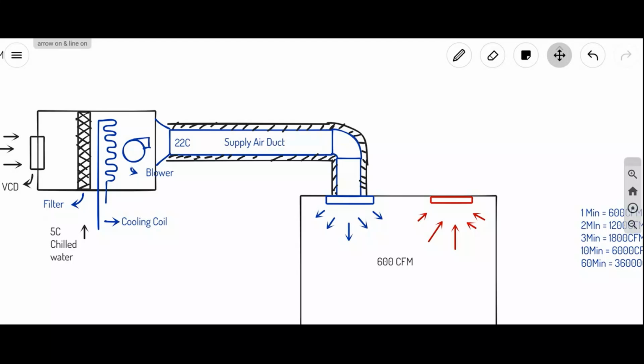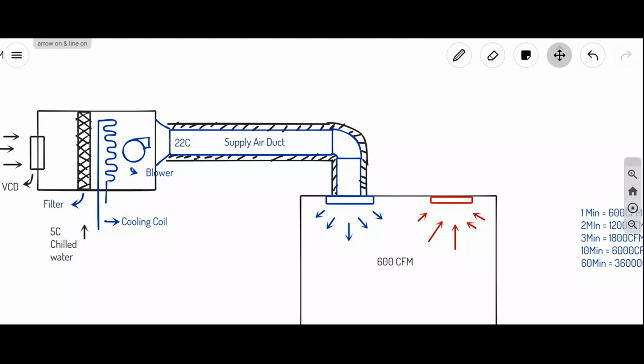Sir, if we are continuously taking fresh air and giving out the excess air, instead of that, if we use a return air duct till the AHU filter, we can save power and heat loss will be lesser. Yes, right.